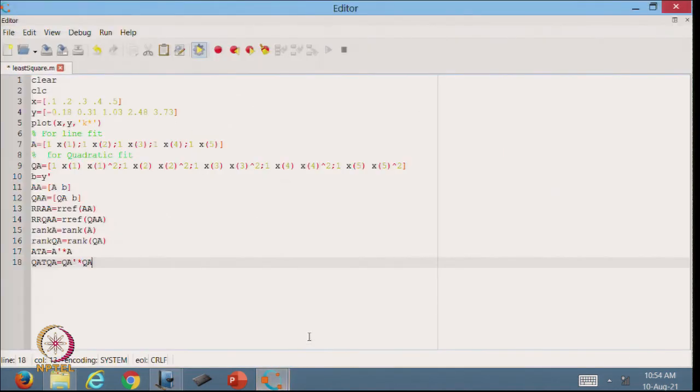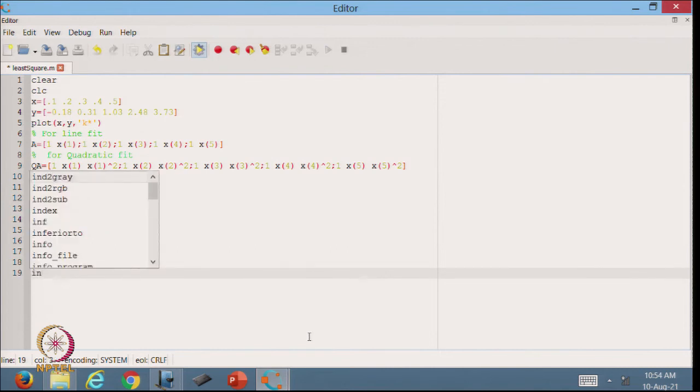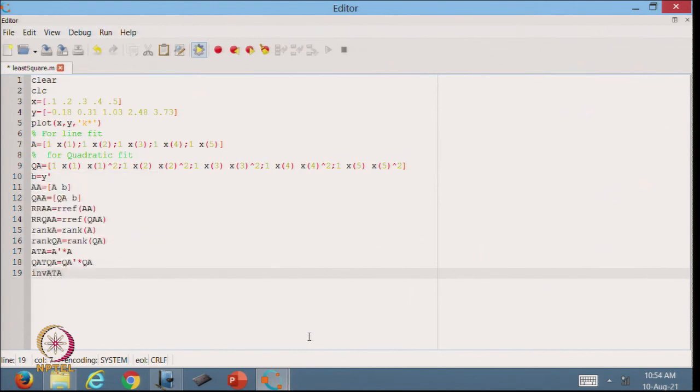So, I will write this here. Now, I can write the inverse of A transpose A, because that matrix will be invertible, no problem.